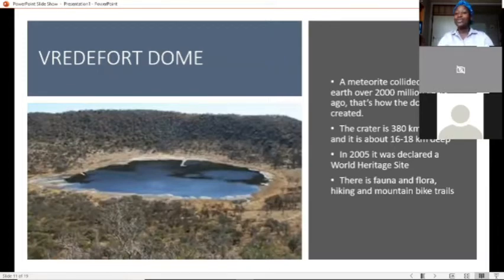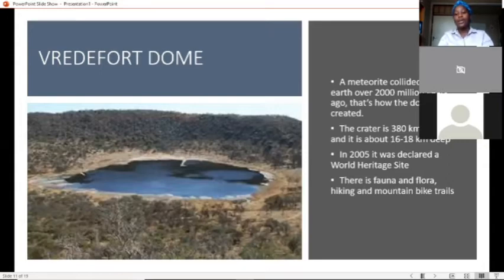It shows that the earth is strong, the collision didn't do anything, but it created a beautiful attraction that we treasure now. The crater is 260 kilometers wide and 18 kilometers deep. In 2005, it was declared a World Heritage Site.